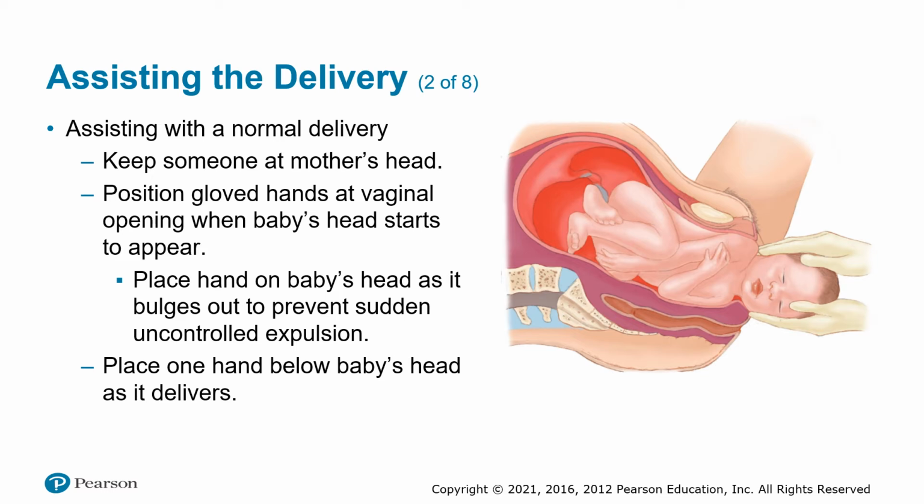Position your gloved hand at the vaginal opening when the baby's head starts to appear, and place a hand on the baby's head as it bulges out to prevent a sudden uncontrolled expulsion. This isn't like baby's going to shoot across the room, but they can come out forcefully, so we're just going to try and minimize that forcefulness as the baby's coming out. Then you're going to place one hand below the baby's head as it delivers to support it.